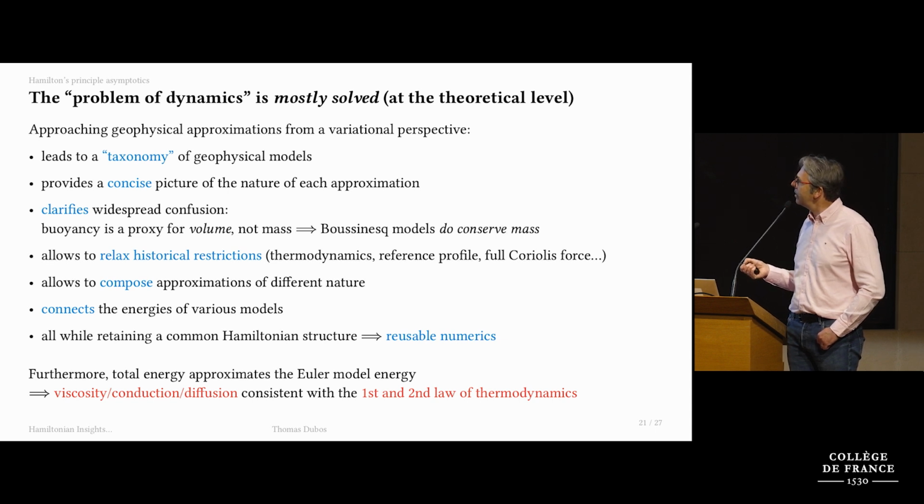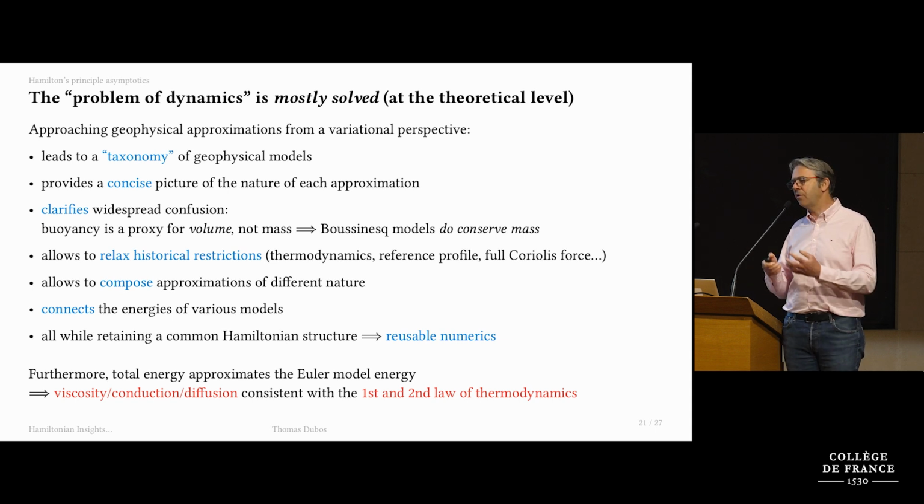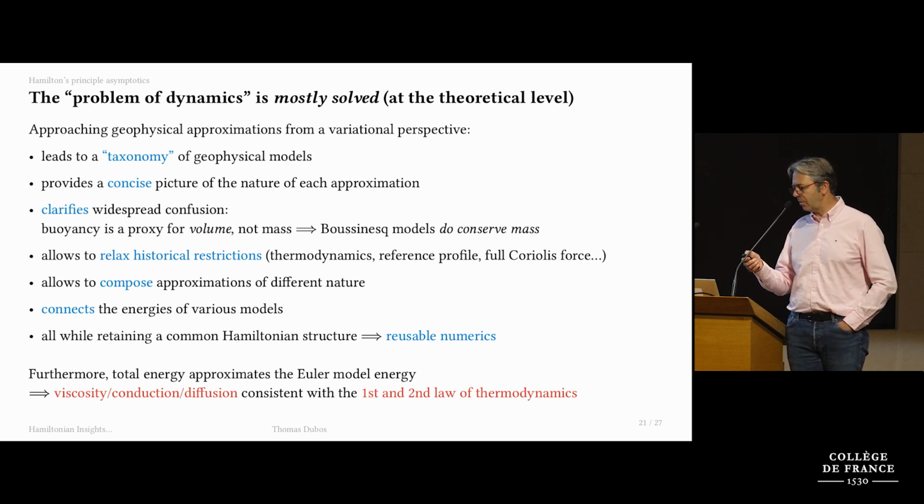So as I explained, my take on this is that buoyancy should be regarded as a proxy for volume and not mass. You can relax restrictions. All these models have been derived in the past by a more manual procedure, and sometimes the hypotheses that were used are unnecessary.